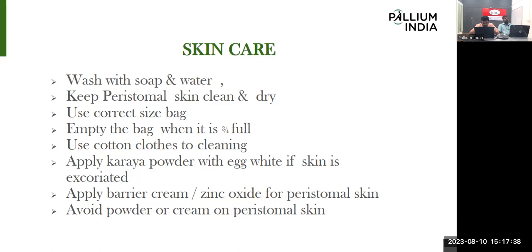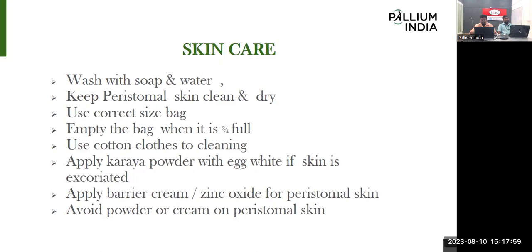After fixing the bag, when it is half to a maximum of three-quarters full of fecal matter, we need to empty it. Otherwise it will overflow and stay in touch with the peristomal region and cause excoriation. So that is important.